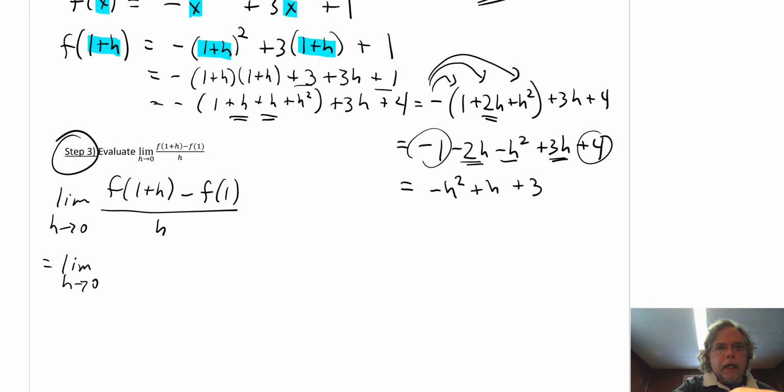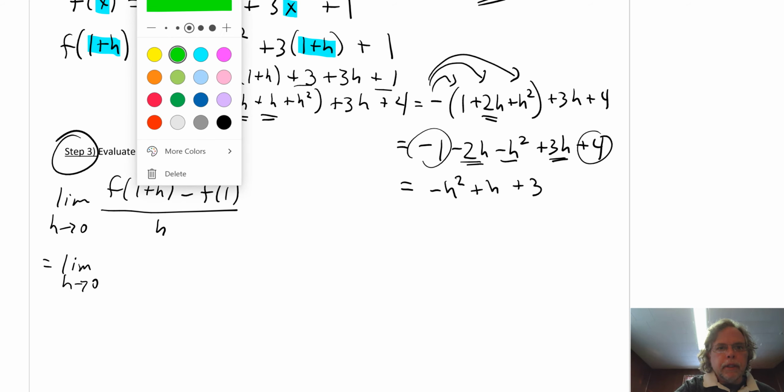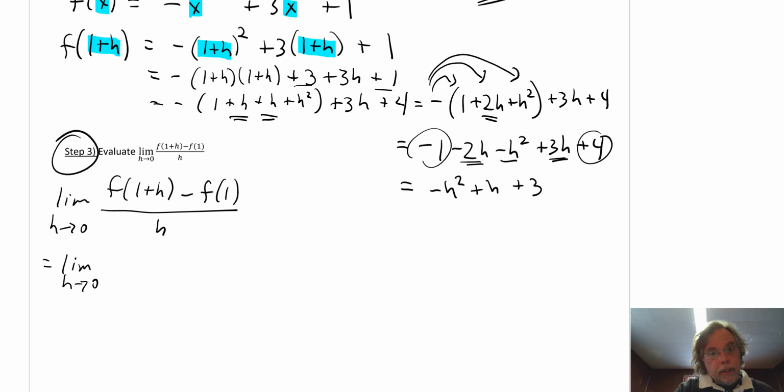That's a lot of work. For this problem, it is a lot of the work. So f of 1 plus h turned out to be negative h squared plus h plus 3. So that goes right here.